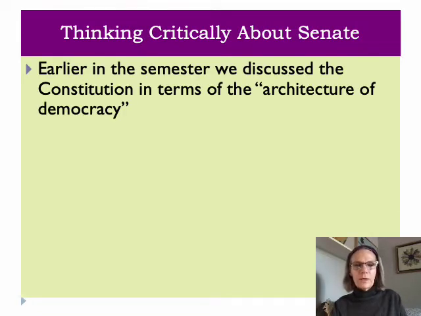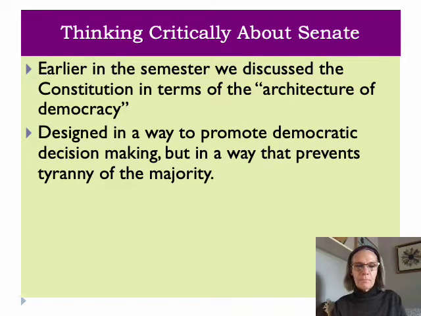So earlier in the semester, we discussed the Constitution in terms of the architecture of democracy. The Constitution was designed in a way to promote democratic decision making, but in a way that prevents tyranny of the majority. Okay? So in a democracy, you want to make sure that the people are doing the ruling and the desire and the will of the people is reflected in the decisions of that democratic government.